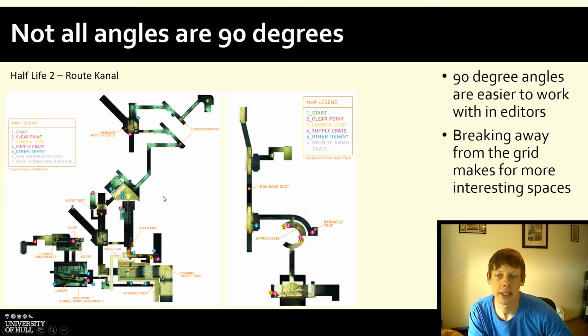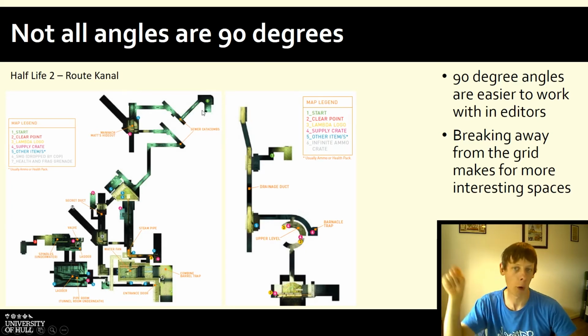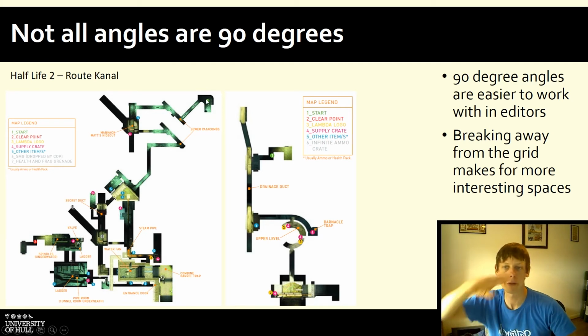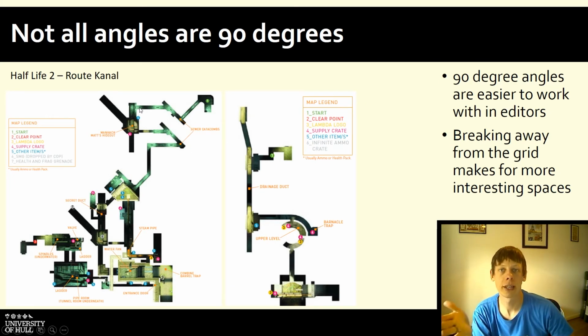But you can see here that you start at number 1 here, and it's not conforming to 90-degree shapes. You've got 45-degree angles, and then it zigzags up here. Then you've got another offshoot. A lot of the times games will conform to a grid of some sort, but this is an example where they've broken away from that structure.